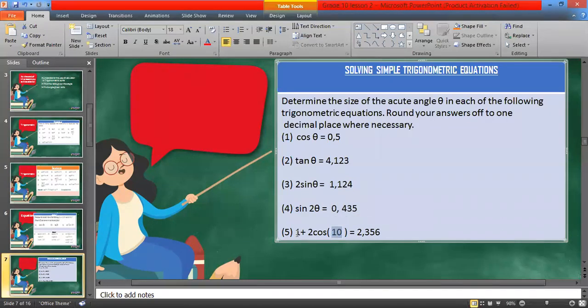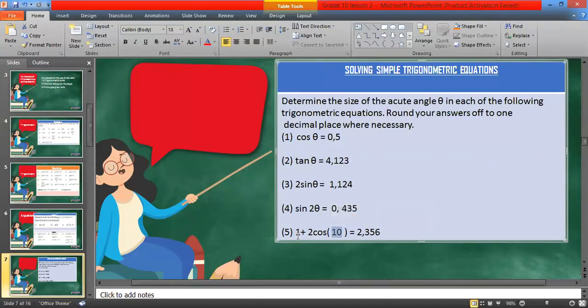The 1, you first have to transpose first. You need to transpose your 1, meaning you move the 1 to the other side. First subtract the 1. So we have 2 cos theta equals 2,356 minus 1, and that will give you 2 cos theta equals 1,356.